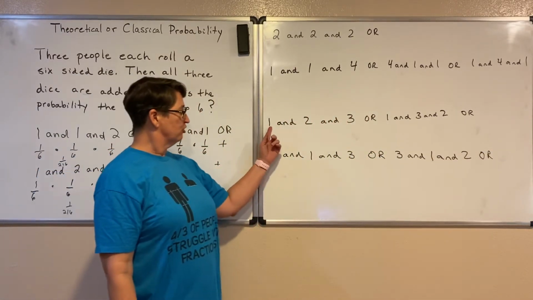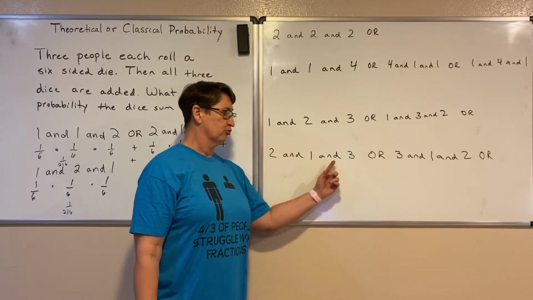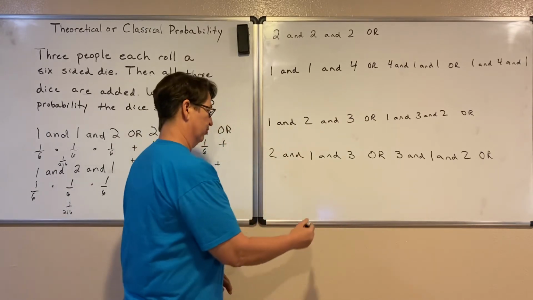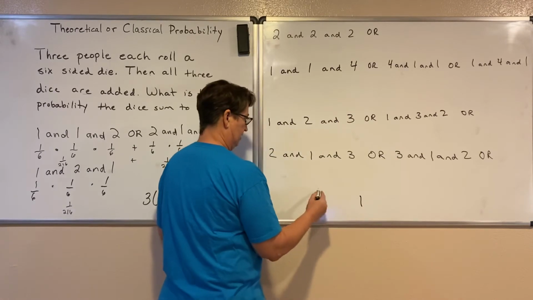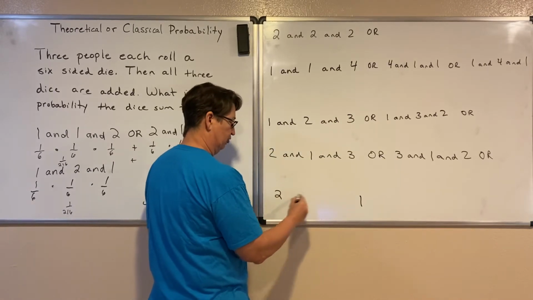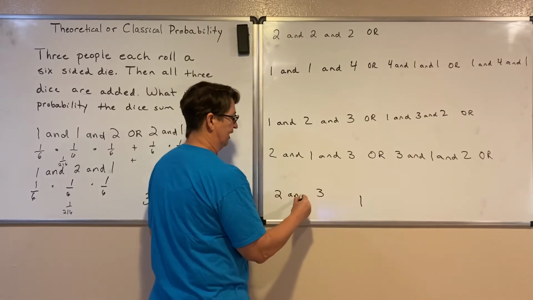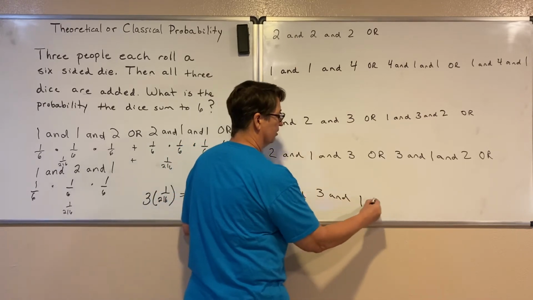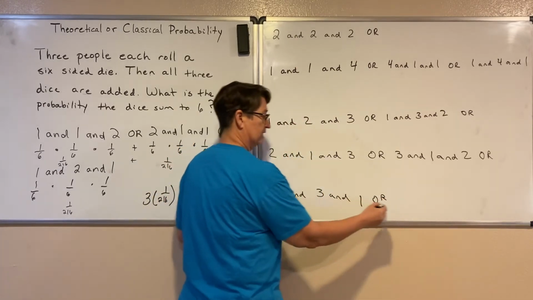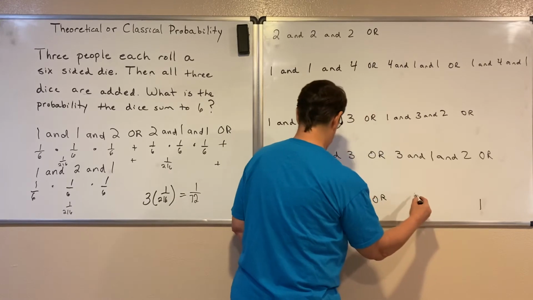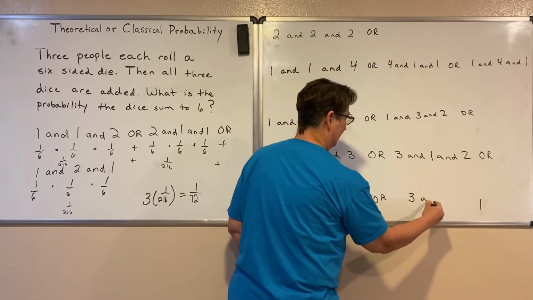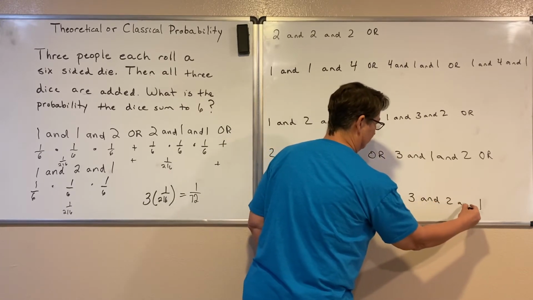So far the first one's rolled the 1, the second one rolls the 1. Let's see if the third one rolled the 1. Then the first one could roll the 2, and the second one could roll the 3. Or, the last one still rolling that 1, the first one could roll a 3, and the second one roll a 2.